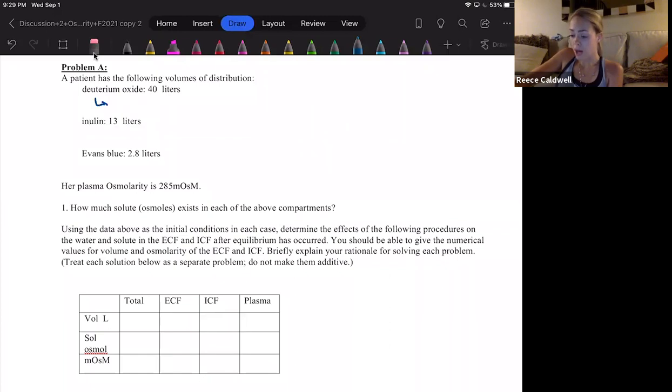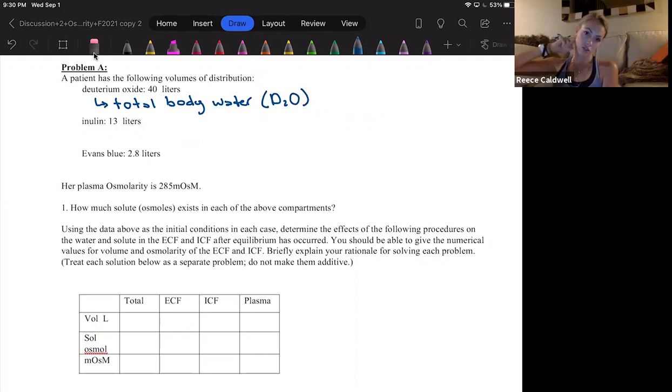So deuterium oxide is looking at total body water. Deuterium oxide denotes or shows our total body water. It's normally abbreviated as D2O. So deuterium oxide, total body water. Inulin is looking at the total volume of ECF, so we're looking at the volume of our extracellular fluid.